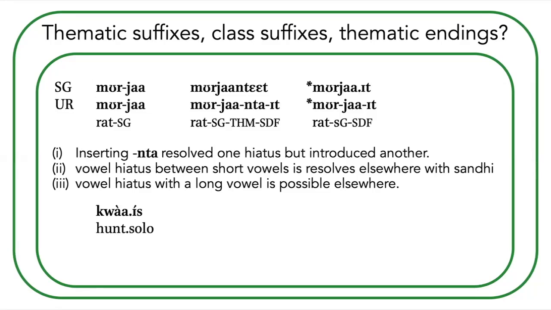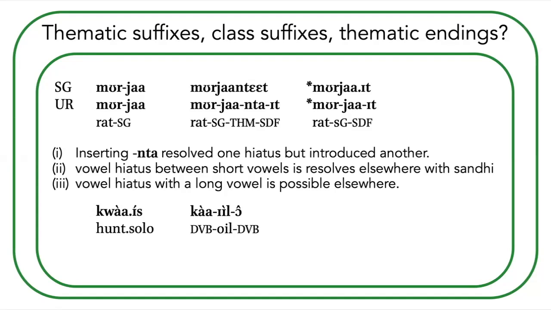But that is hardly true. Nta creates a hiatus between a and e. It resolves one hiatus and creates another one. And vowel hiatus isn't really a problem elsewhere in the language. You find hiatus being very common, both stem internally and across word boundaries.